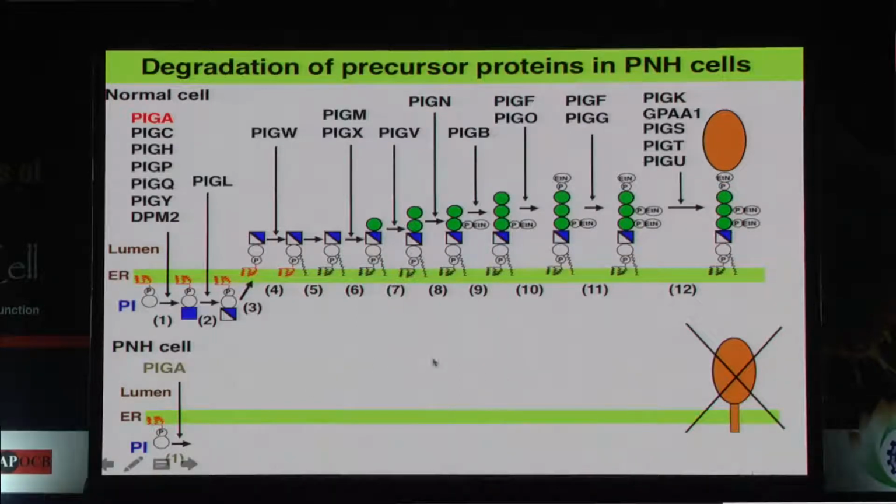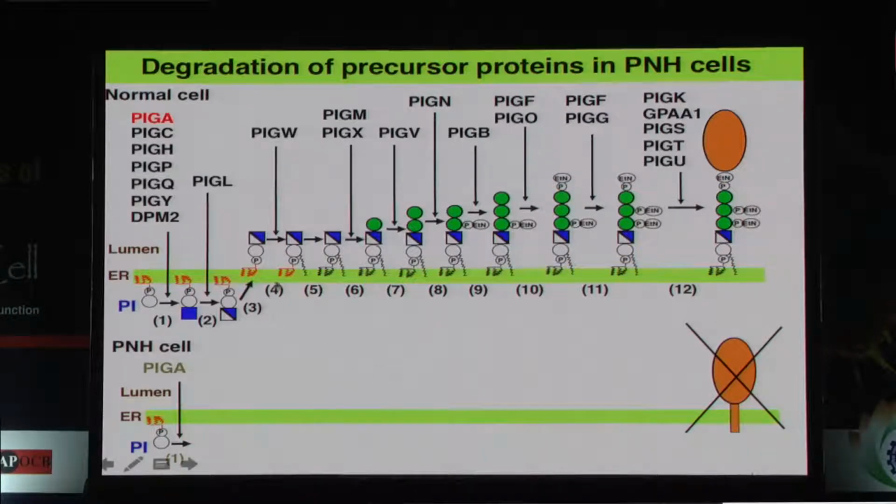In such a condition, GPI transamidase doesn't remove the carboxy-terminus hydrophobic signal sequence. So such a precursor is eventually degraded intracellularly, most likely by the ER-associated degradation system. So in the PNH cell, the cell surface expression of GPI-anchor proteins is gone.